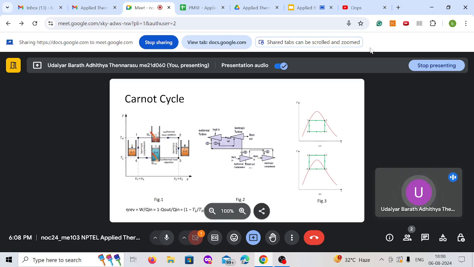So even though the efficiency is large, each component requirement is of a huge capacity. So that also limits its use. There's also a limitation because of that.